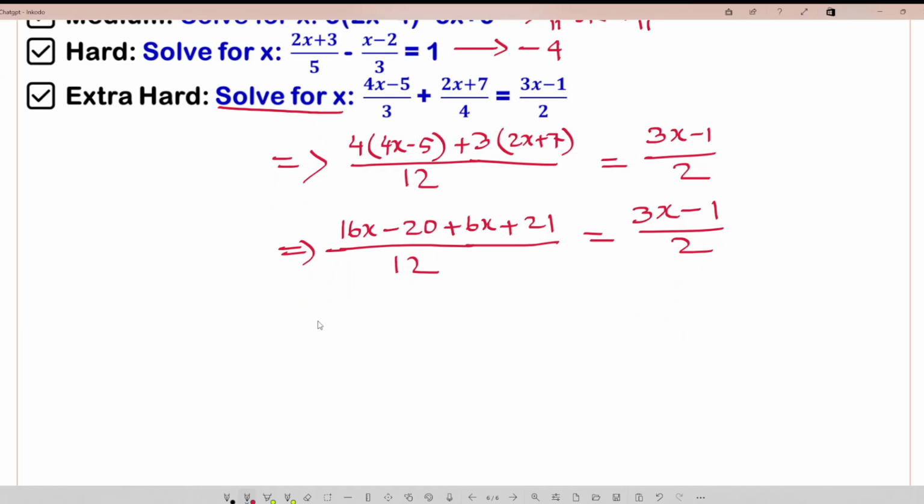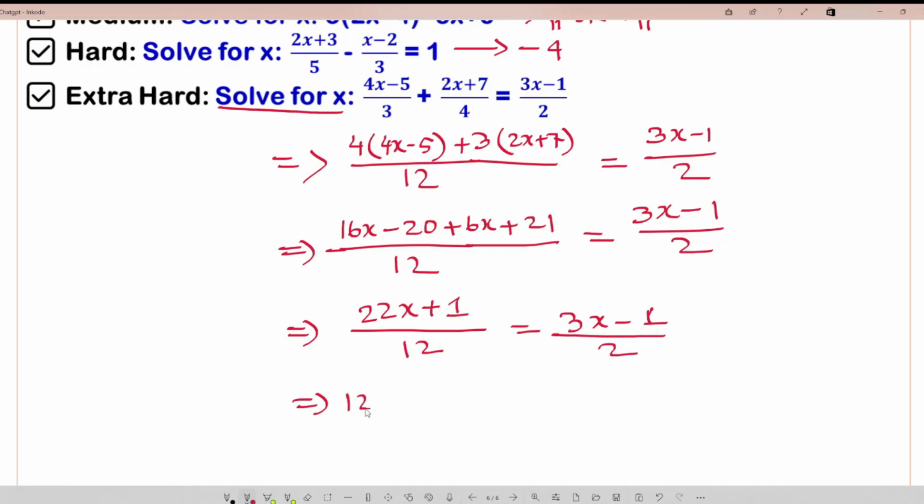Okay, and look, 16x + 6x means 22x, and -20 + 21 means +1, right? 21 is larger than 20. And divided by 12 equals (3x - 1)/2. Now cross multiplication. So 12 times (3x - 1) equals 2 times (22x + 1).